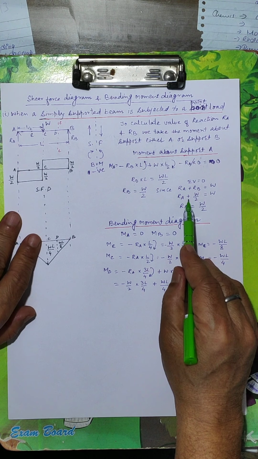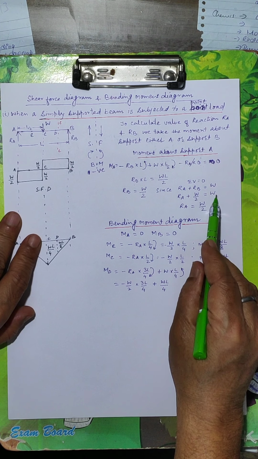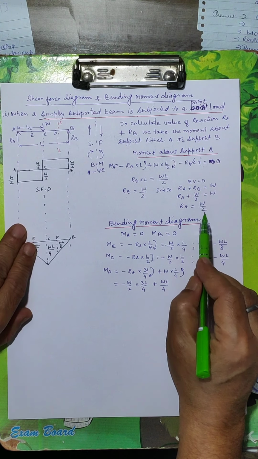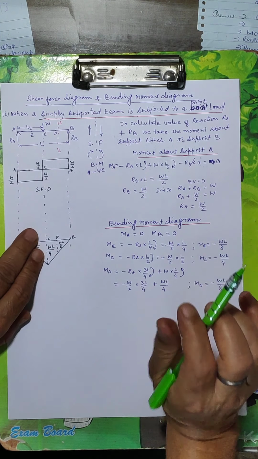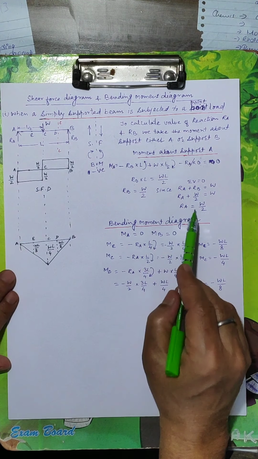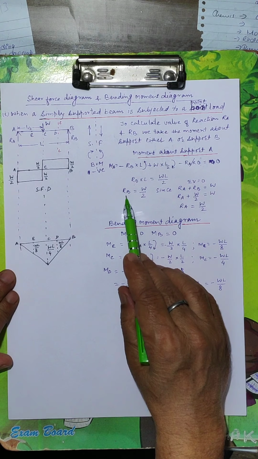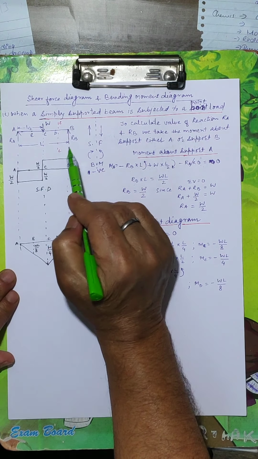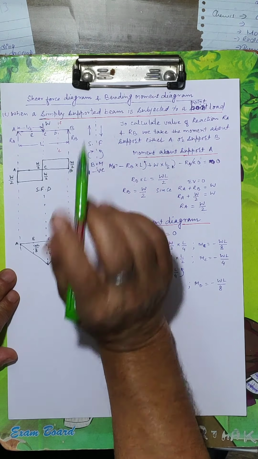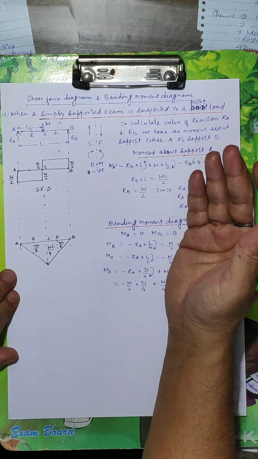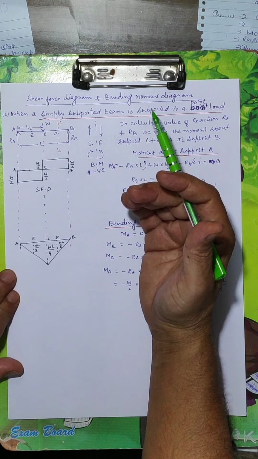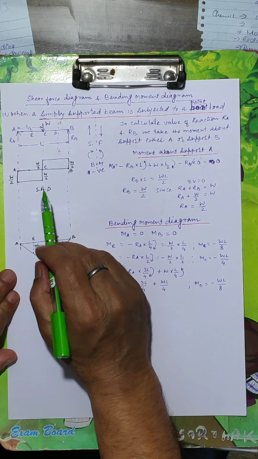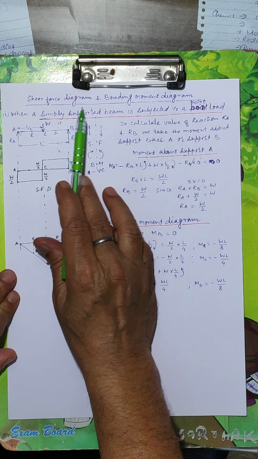Putting the value of RB, W by 2, RA plus W by 2 is equal to W, so RA will be W by 2. So we have got RA equal to W by 2 and RB equal to W by 2. After getting the reaction values, we draw the shear force diagram.